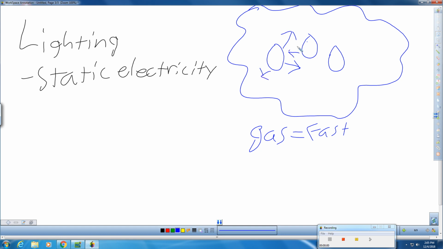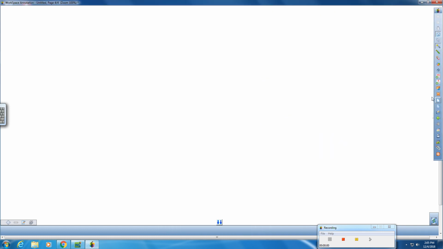And these water molecules will bump into each other and rub and cause static electricity. That is a buildup of charges, and eventually so much is built up through them rubbing into each other that you get a big old lightning thing going on, like this. So, that was a great drawing. That's what lightning is created by.